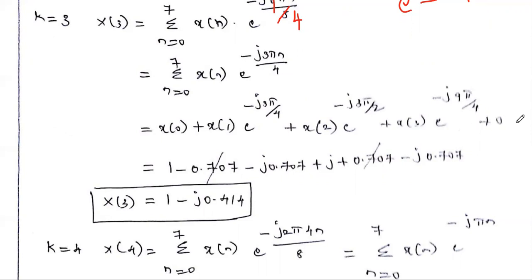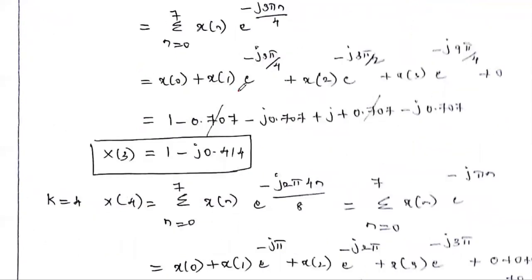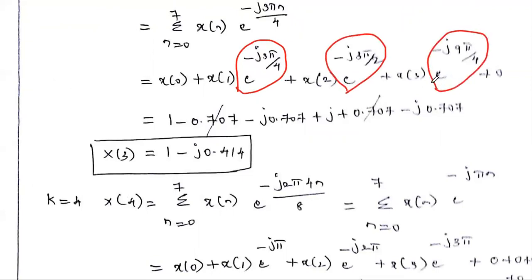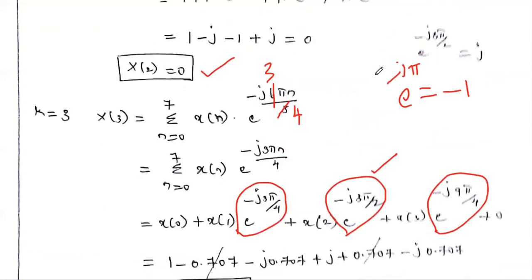Then the remaining x of 4, x of 5, x of 6, x of 7 values are 0. So you just write it as 0 plus 0 plus 0. Then you may calculate the answer for e power minus j 3 pi by 4, e power minus j 3 pi by 2 and e power minus j 9 pi by 4. Already e power minus j 3 pi by 2 answer we calculated. What is the answer?